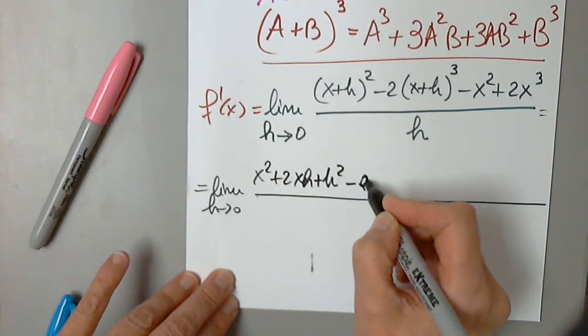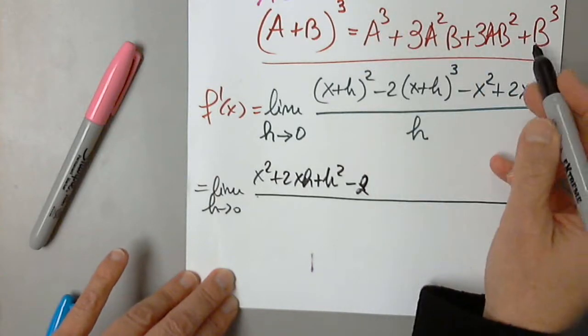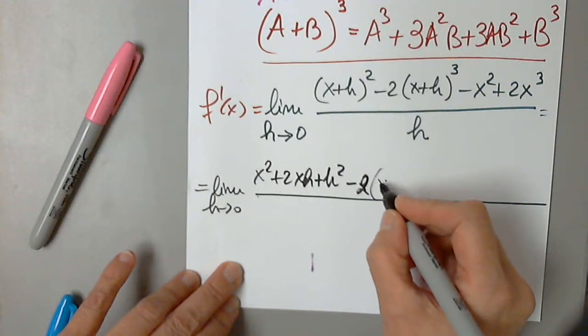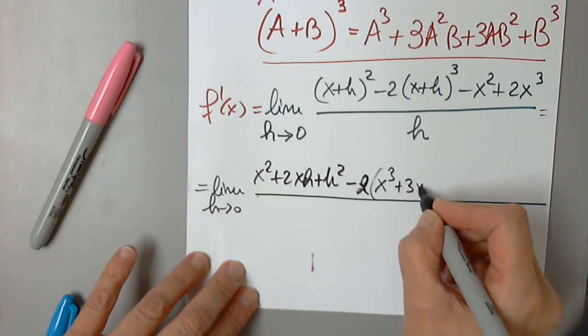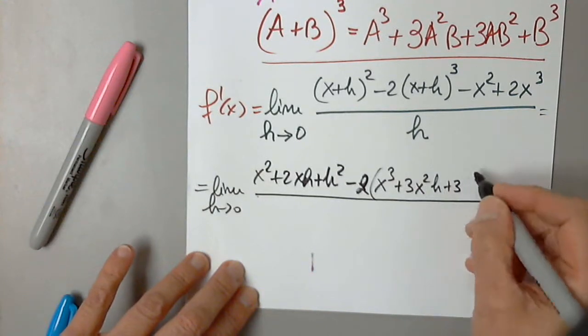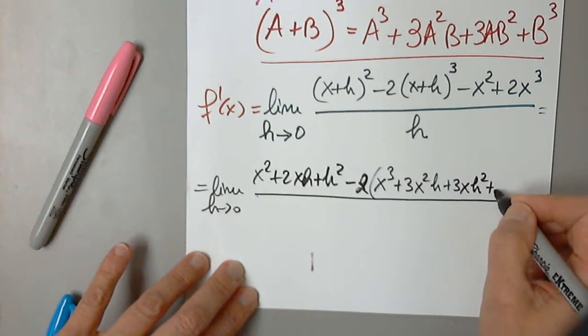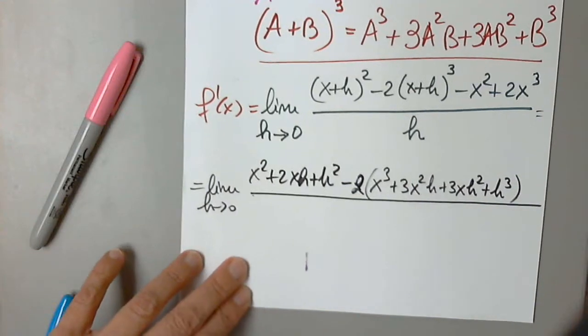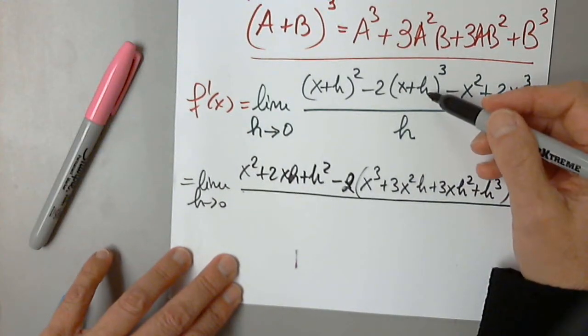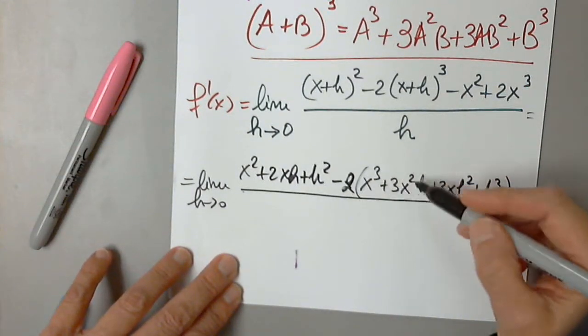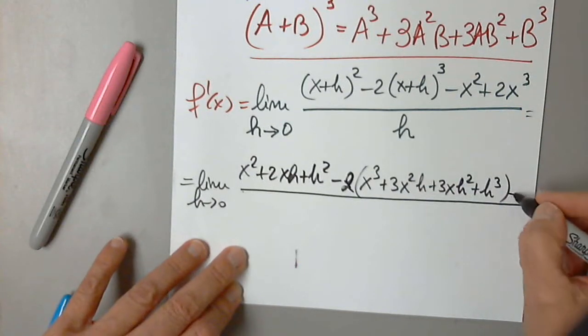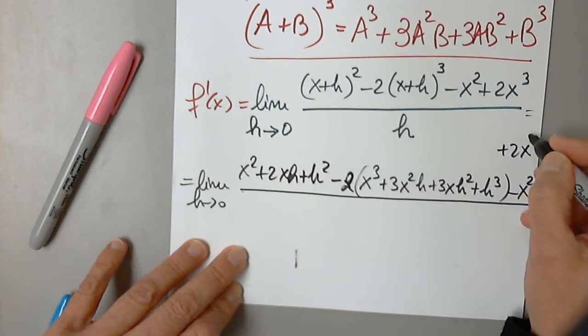Minus 2. Let's write this out first. x cubed plus 3x squared h plus 3x h squared plus h cubed. This is this piece. Eventually I'll distribute 2. Minus x squared and plus 2x cubed.